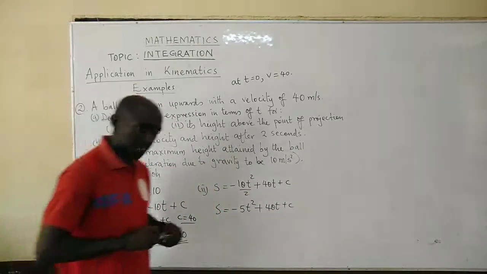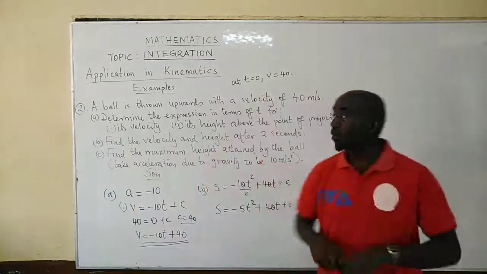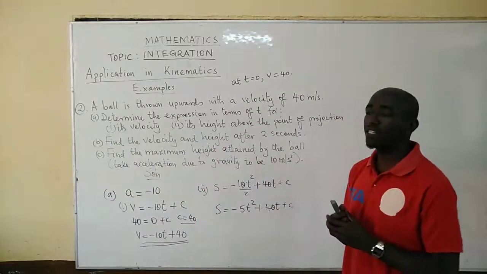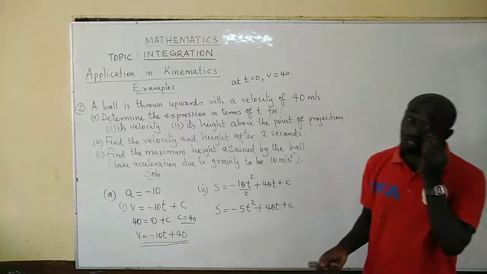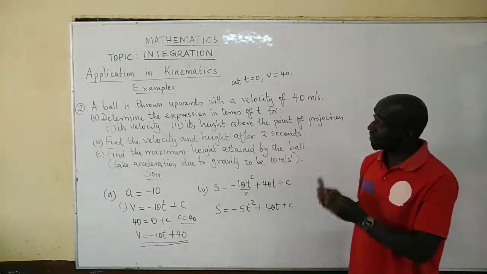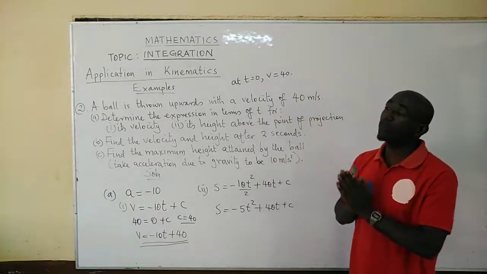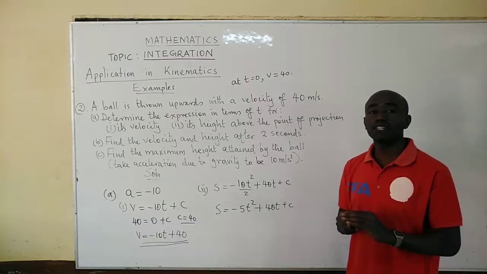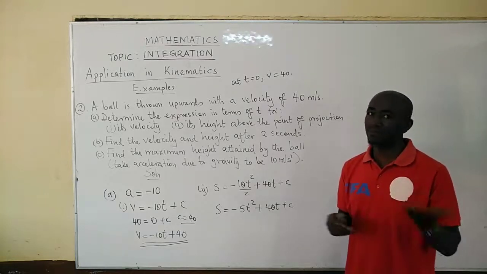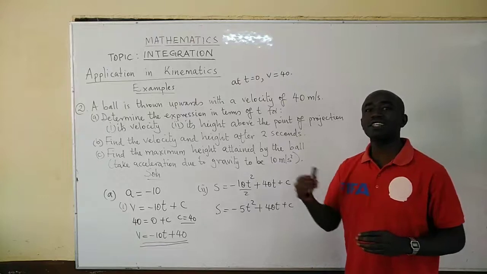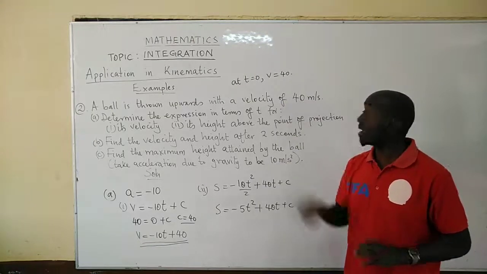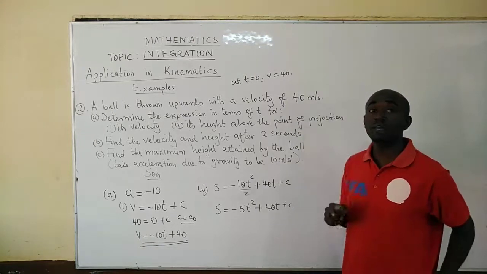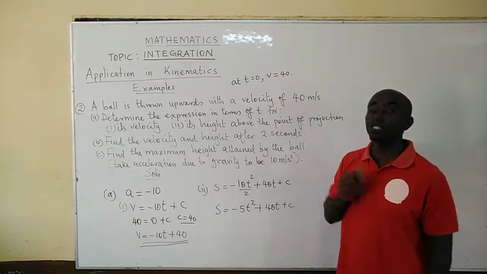Then find the value of c. How do we get c? We have not been given the displacement at t is equal to 0. If it is not given, then you will assume that at the point when the object started to move, the distance covered was 0, because that is the starting point. No distance was covered. Although it started with a certain velocity, that is when the object started to move.